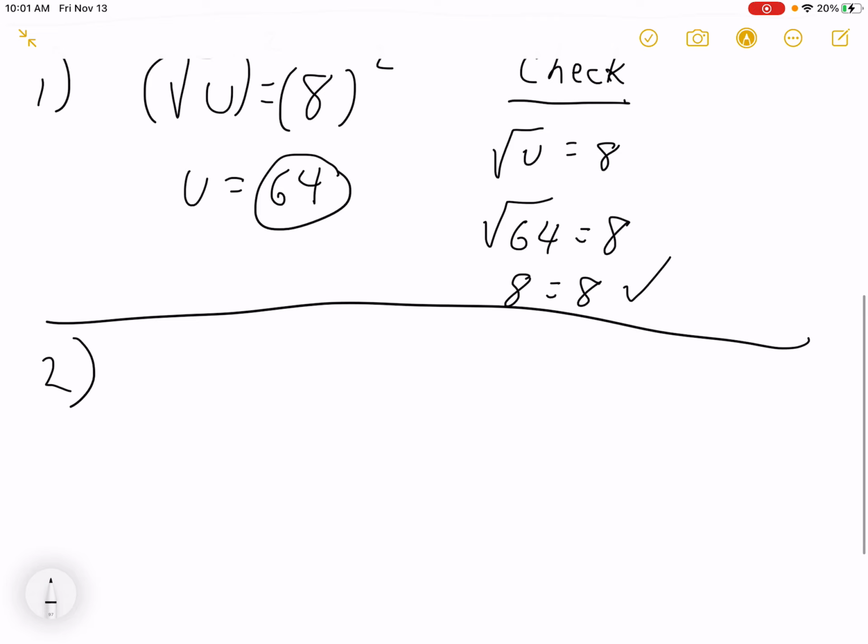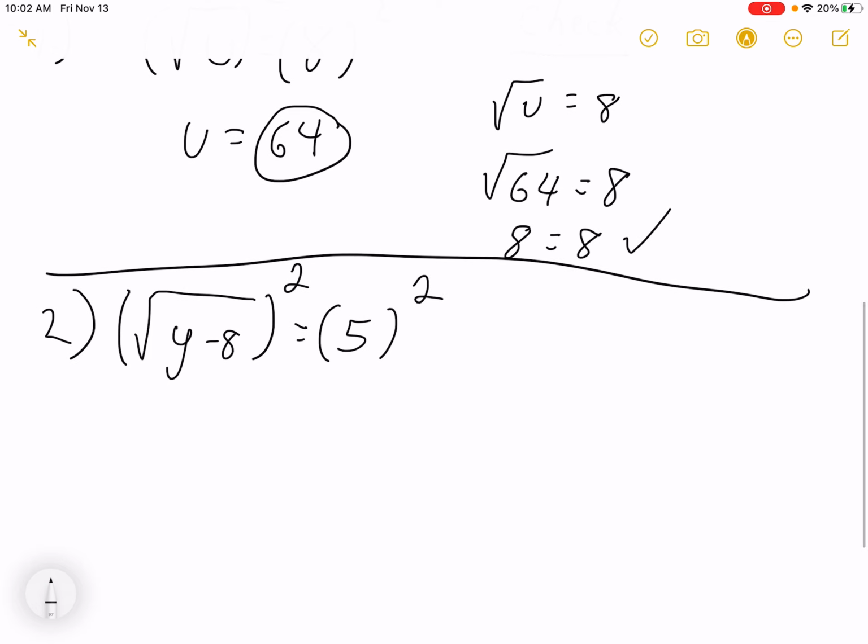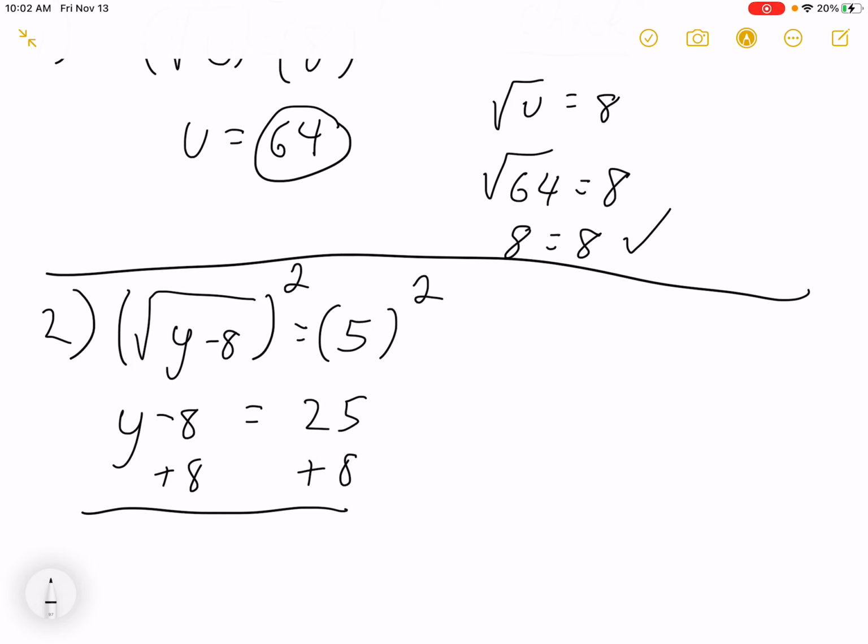Number 2, square root of y minus 8 equals 5. We'll square each side. The left side will just become y minus 8 because, again, square roots and squares undo each other. And we'll add an 8 to each side. So y is 33.